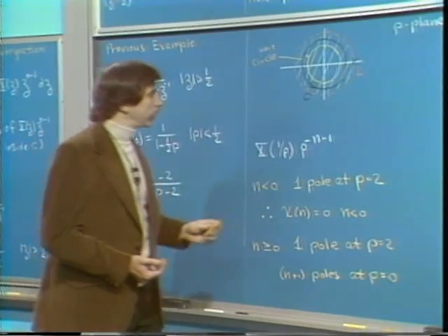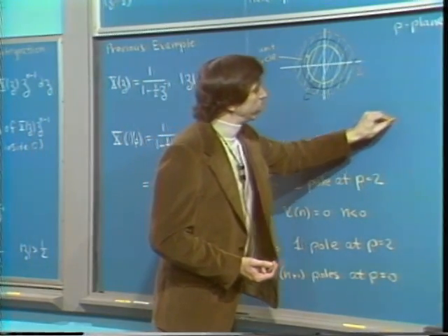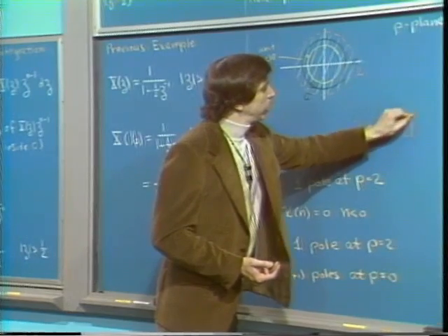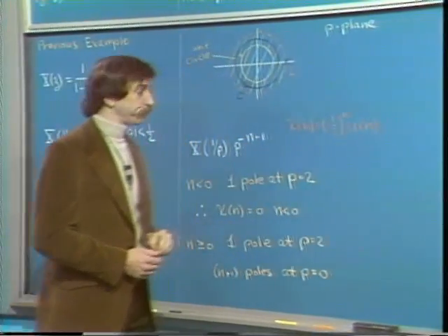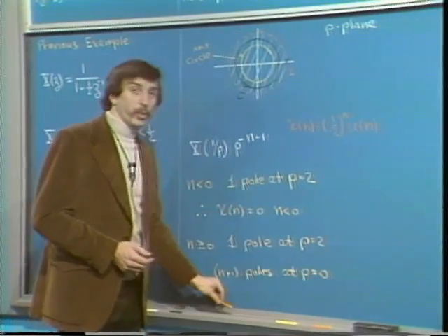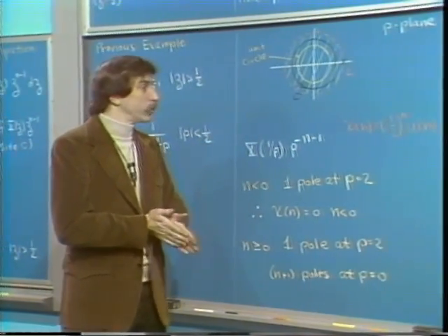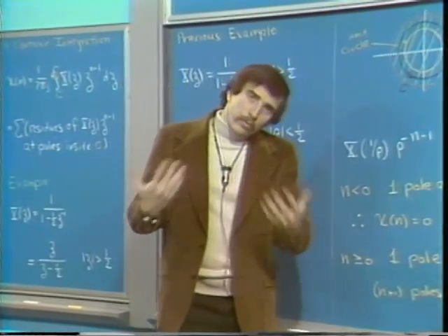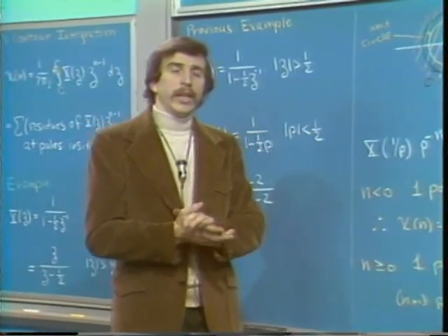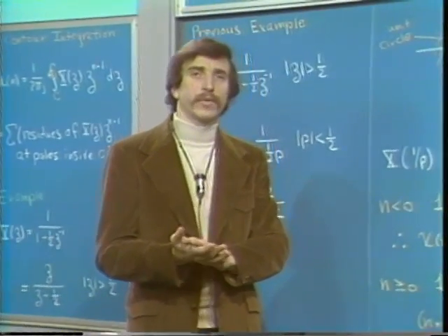Or finally, x of n is equal to a half to the n times u of n. All right, that's an example we've worked out now 3 times, and 3 times we got the same answer, so it must be right. All right, well, this roughs out the inverse z transform, several methods for getting the inverse z transform.